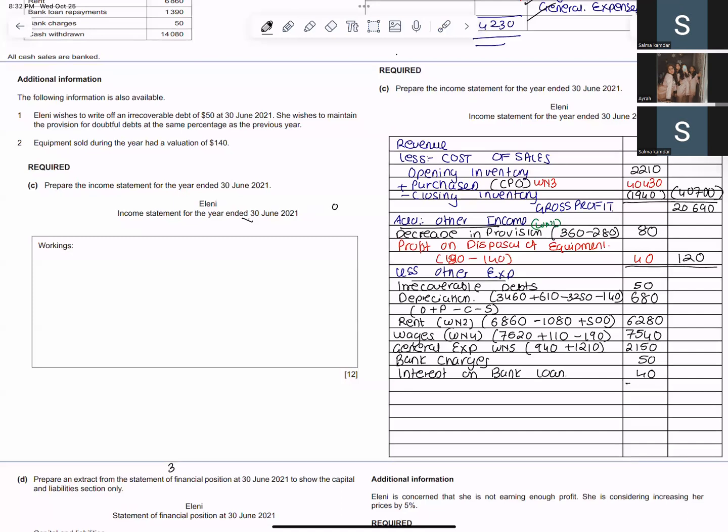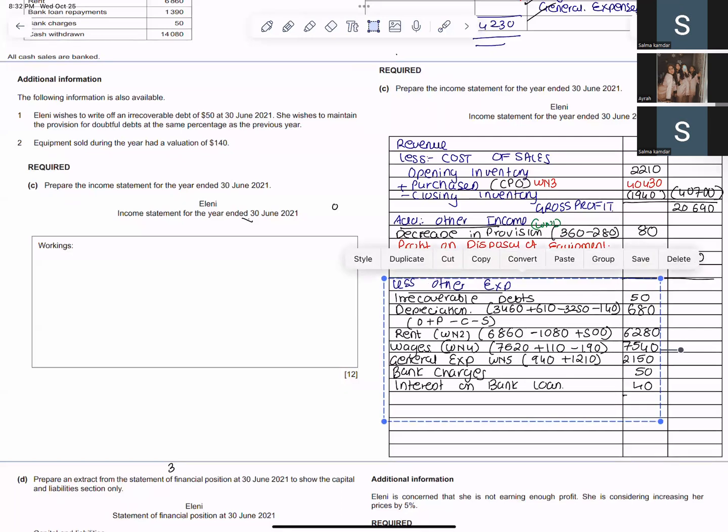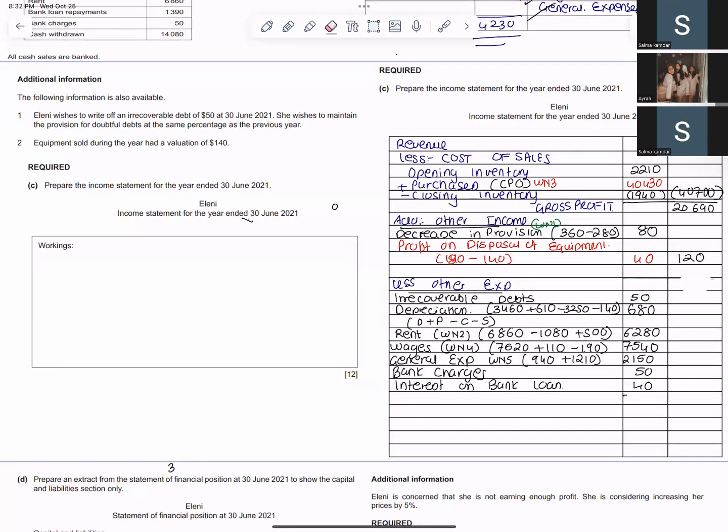Now I don't have space. If you don't have space, don't do much. Here I can do it. If you don't have space, just add and put the minus thing. It's fine. What is the total of expenses? Total of expenses is 16,790.